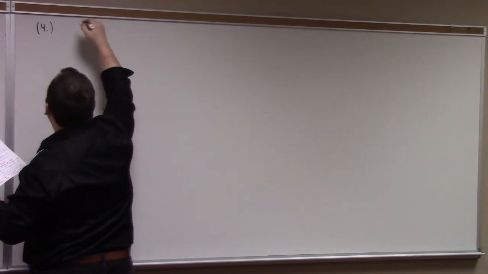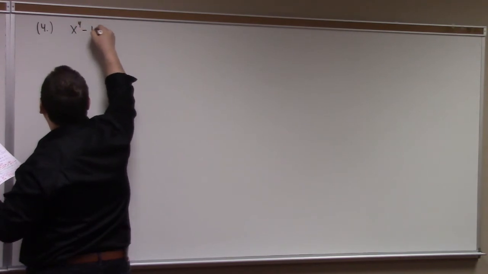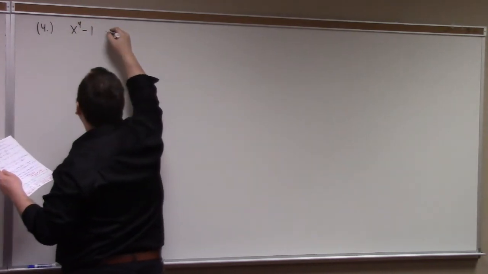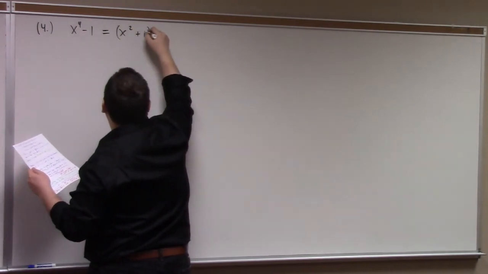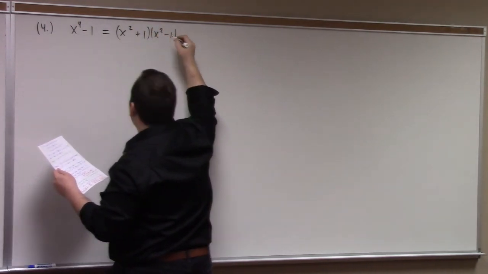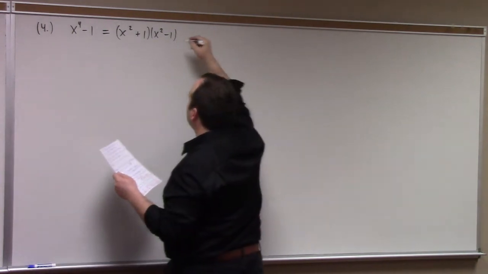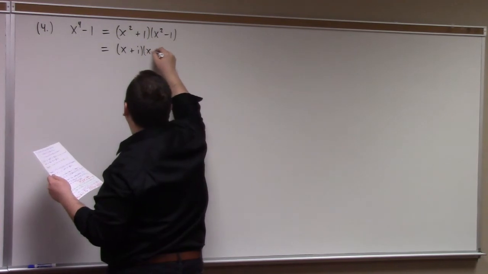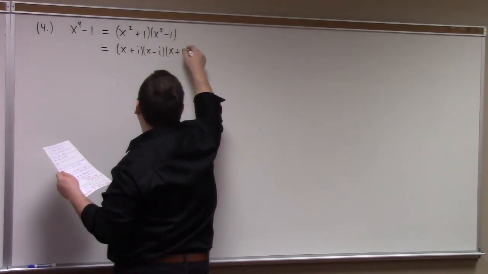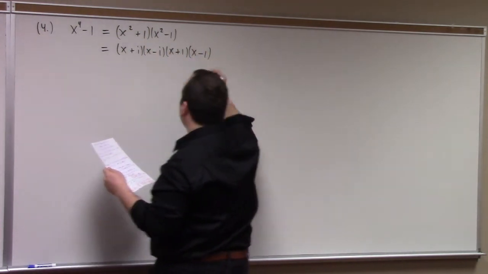I kind of like x to the fourth minus 1. It's more fun. X to the fourth minus 1 is x squared plus 1, times x squared minus 1, which is what? That's x plus i, x minus i, x plus 1, x minus 1.